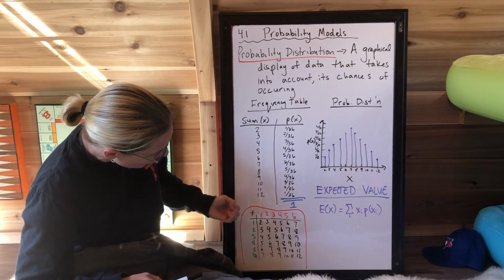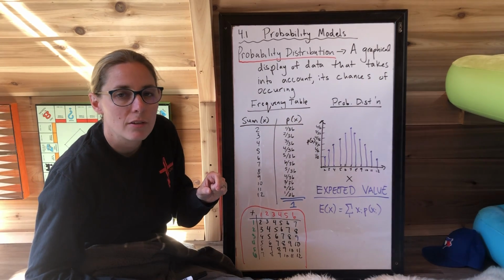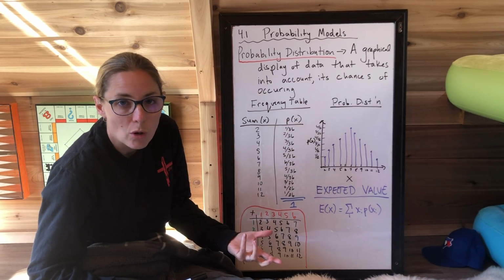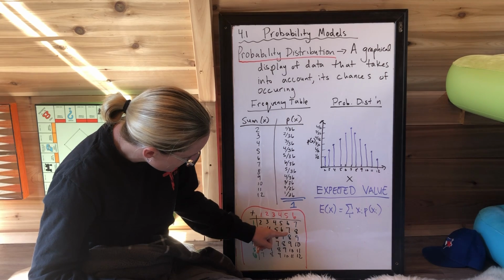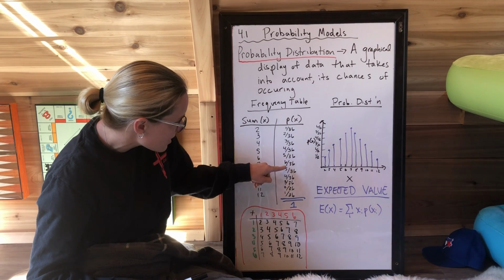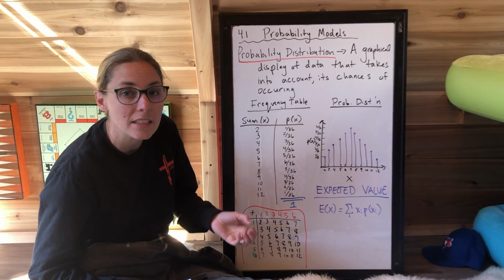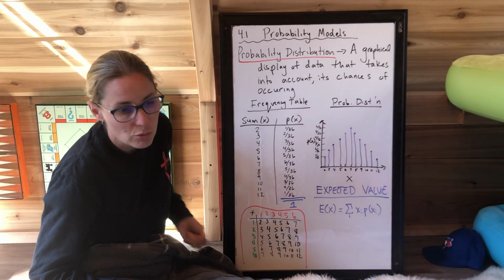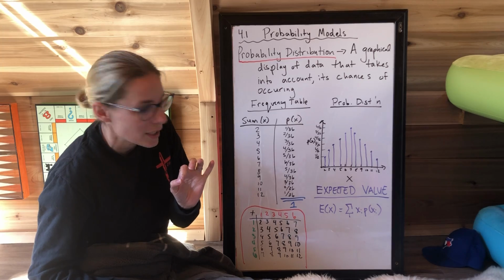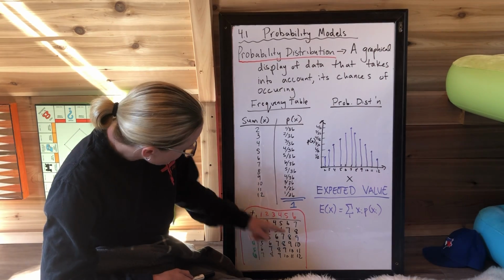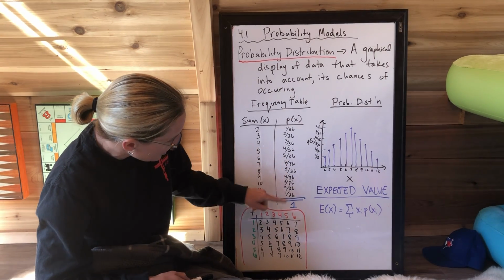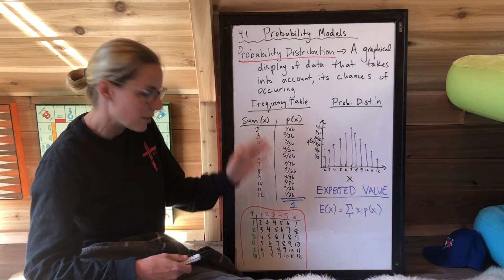And obviously certain combinations of dice are going to come up more often. The fact that a sum of 7 occurs 6 out of the 36 times means that it's the most likely sum that you're going to get. So when you roll 2 dice, the most likely one is a 7, followed by a 6 or an 8, which occur 5 out of 36 times, followed by a 5 and a 9, and so on and so forth.